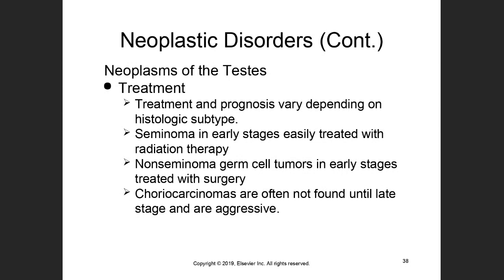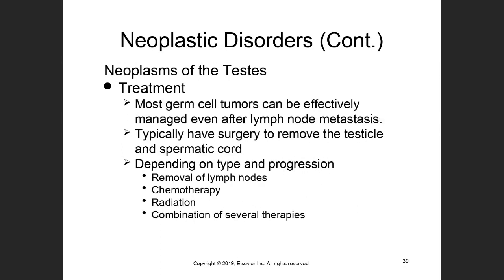Choriocarcinomas are often not found until late stage and are aggressive. Most germ cell tumors can be effectively managed even after lymph node metastasis. Typically you have surgery to remove the testicle and spermatic cord.